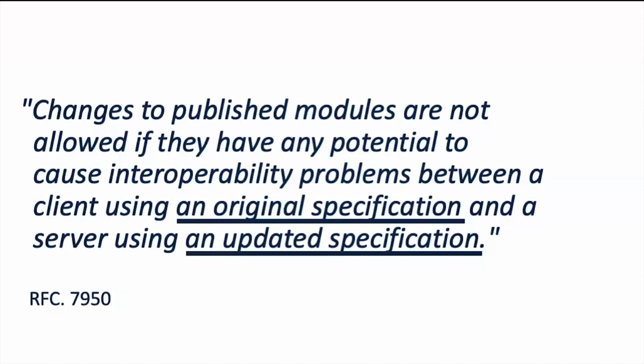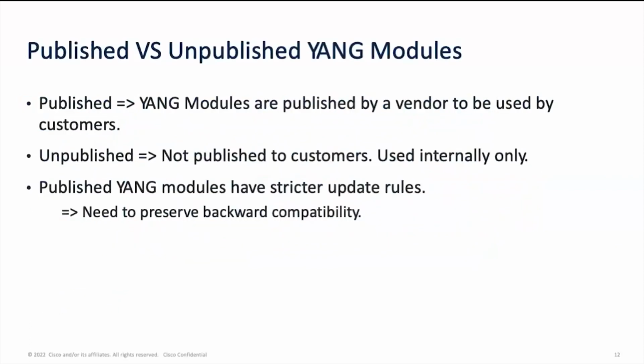Now let's talk about YANG updates. Quoting RFC 7950, changes to published modules are not allowed if they have any potential to cause interoperability problems between a client using an original specification and the server using an updated specification.